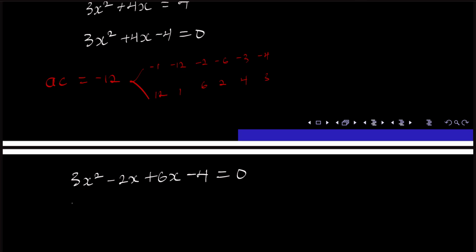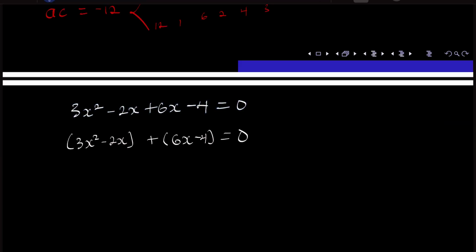So that's 3x squared minus 2x plus 6x minus 4 is equal to 0. In brackets, we can factorize x out. So x out, here we're left with 3x minus 2. In the second bracket, we can factor out 2. So 2 out, here we're left with 3x minus 2 is equal to 0.